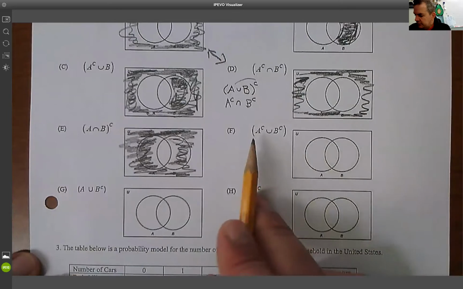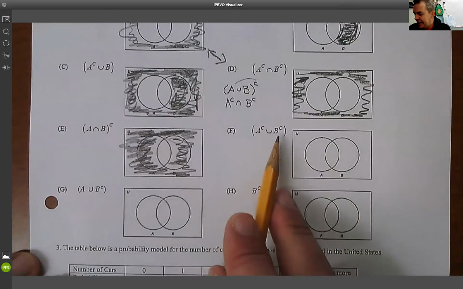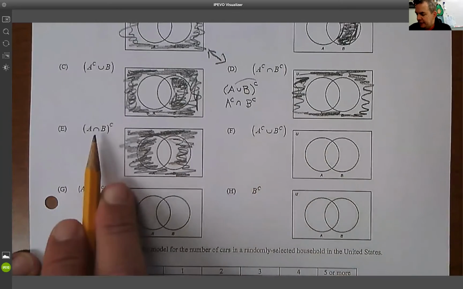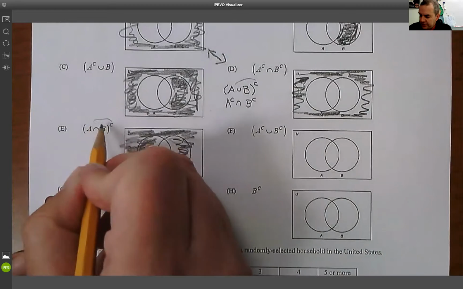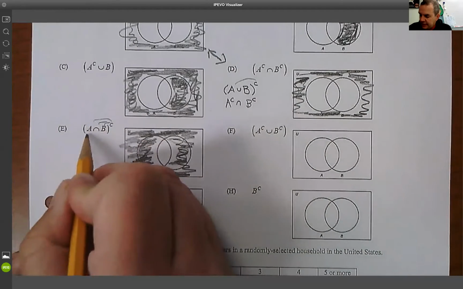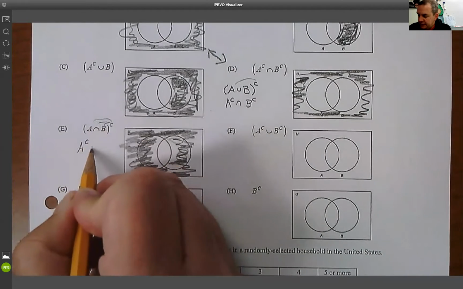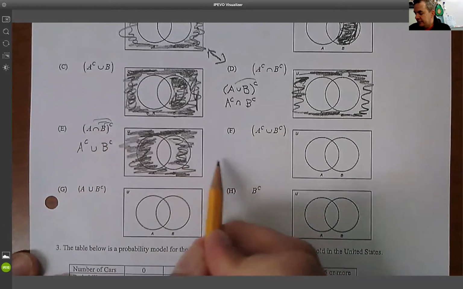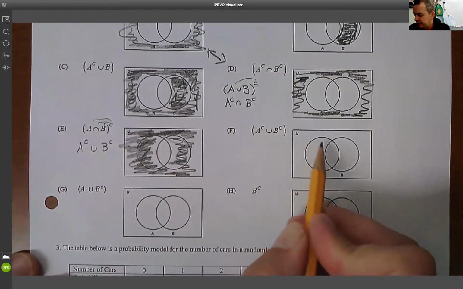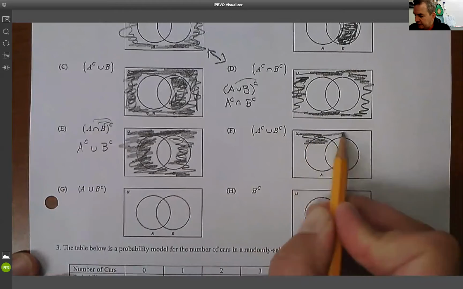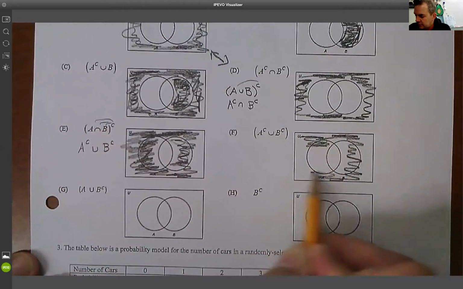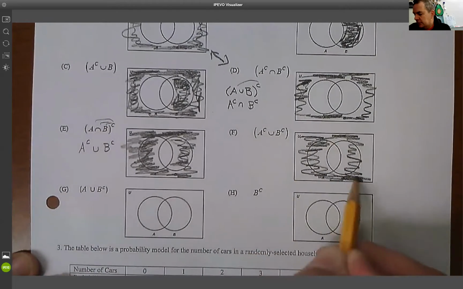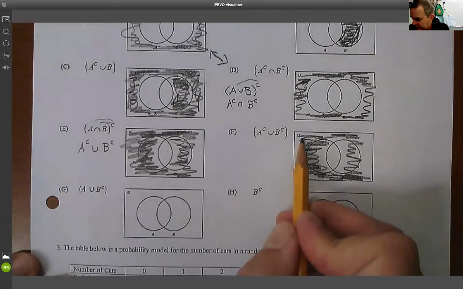We do the union of not A and not B. If you think about our little distributive property, we share that inside. A becomes not A, intersection becomes union, B becomes not B. These two are exactly the same. So this one is going to be the exact same as the one I just did. So this is going to be this. So there we go. That's going to be everything we got outside here.